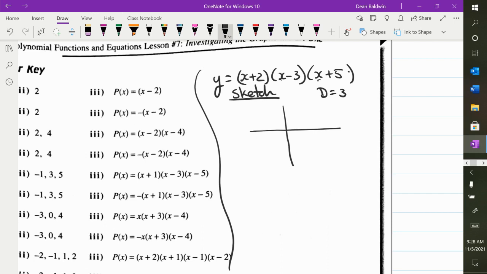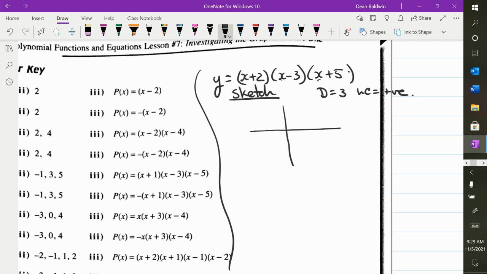What's the leading coefficient? Positive or negative? Positive. So I'll just write LC for leading coefficient is positive. So degree is 3, which means the arms go in same direction or different directions? Different directions. And the leading coefficient is positive, which means the right arm has to be rising or up. Mark your x-intercepts.